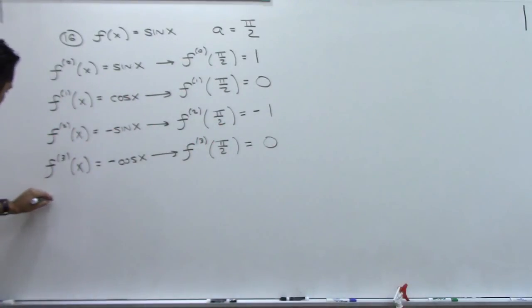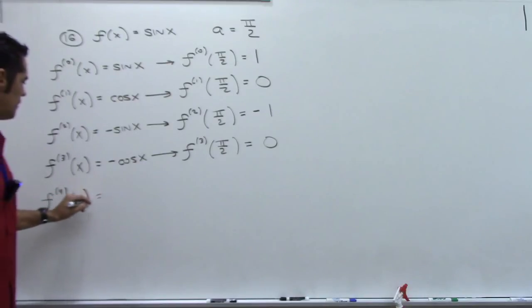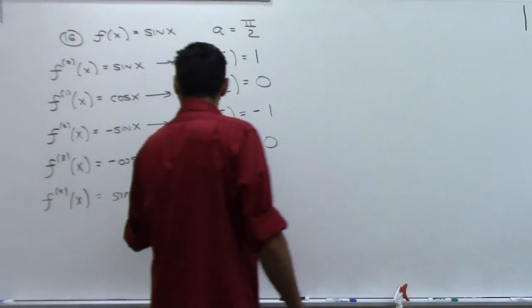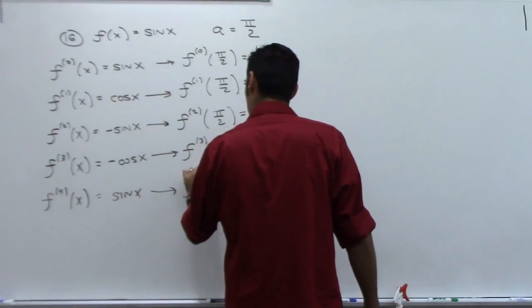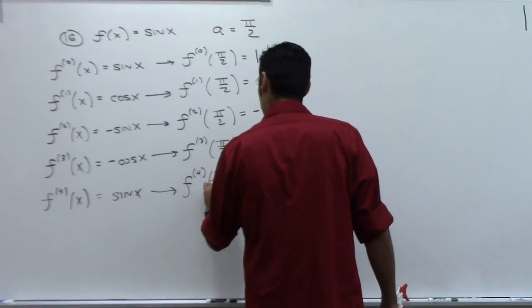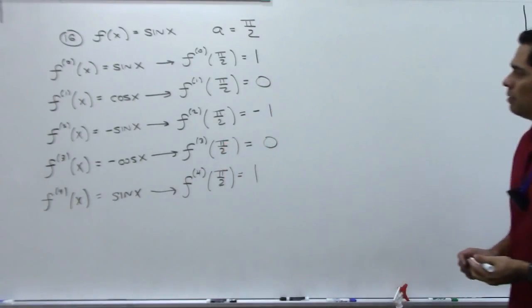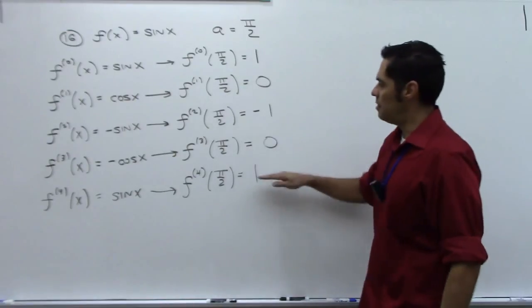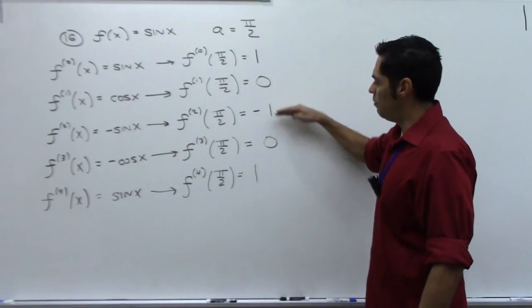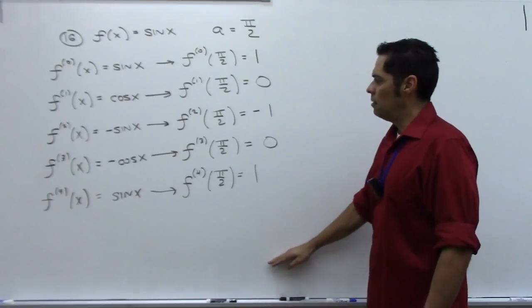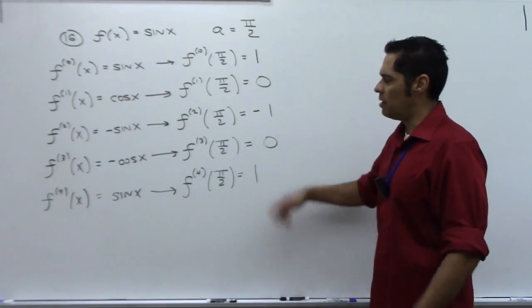Fourth derivative, sine x. We're back to where we were earlier. Fourth derivative at pi over 2 is 1. Because we're back to sine, we had 1, 0, negative 1, 0, and it's going to repeat: 1, 0, negative 1, 0, 1, 0, negative 1, 0, and that's going to continue.